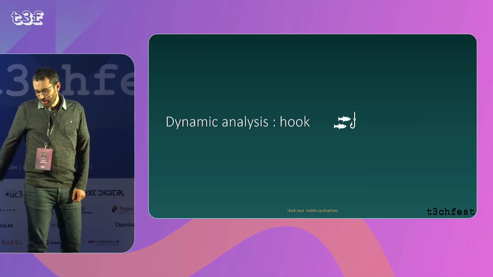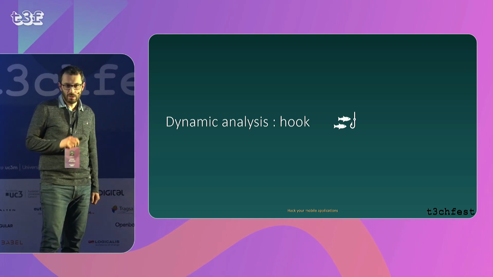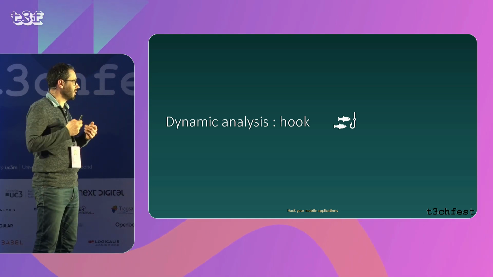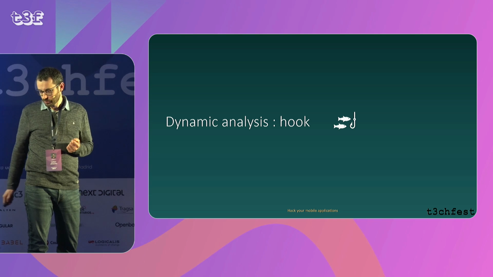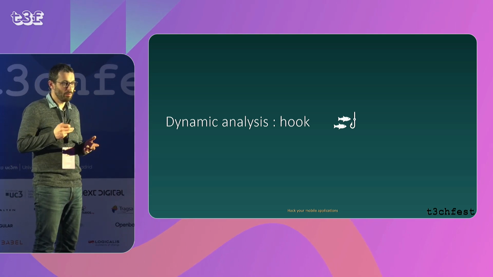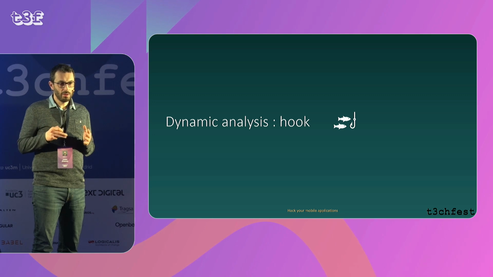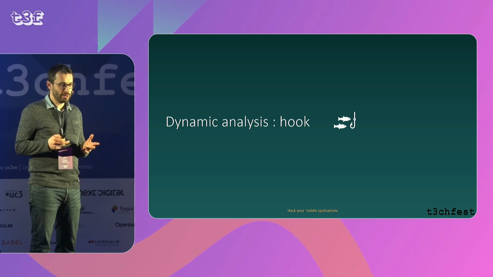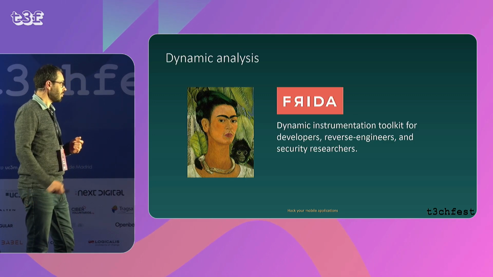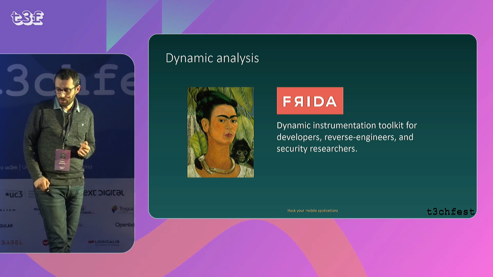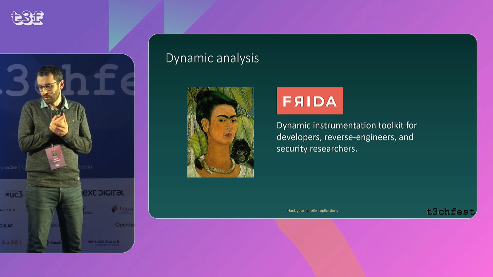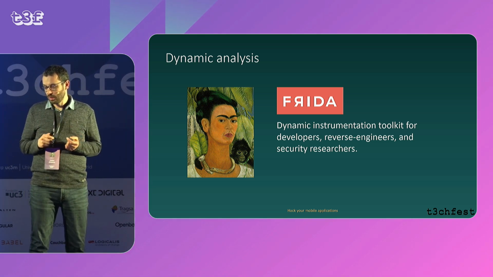But I will try another method, and this time I will use dynamic analysis. Dynamic analysis, what does it mean? I will do instrumentation during the run of my application. To do this, I will use Frida. Frida is a dynamic instrumentation toolkit.